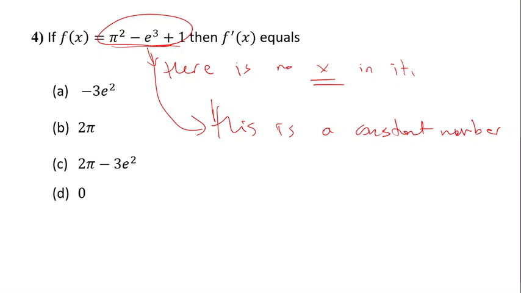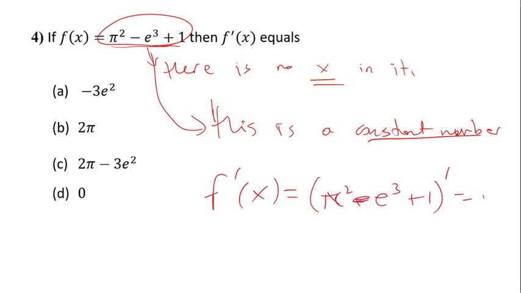No variable, so it becomes a constant. So the derivative of the constant, pi squared minus e to the cube plus 1, prime, is equal to 0. This has to be 0. Remember, the derivative of a constant is always 0.